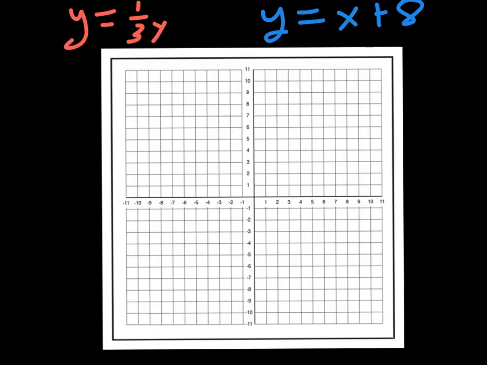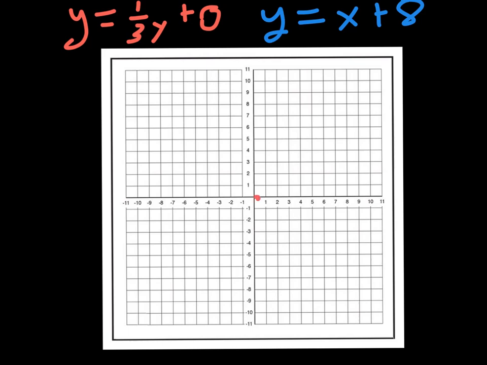So our next step then is just to graph it. If the red one threw you for a loop because you couldn't figure out what the y-intercept was, remember, there's nothing there, so your y-intercept is just 0. Okay? So you're going to start at 0, and your slope is up 1 over 3.